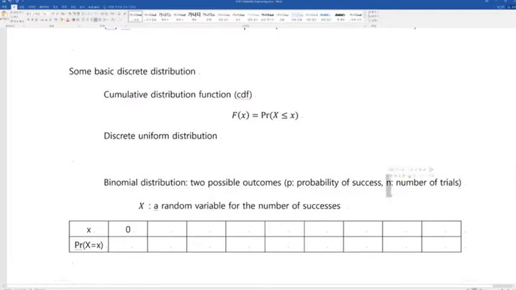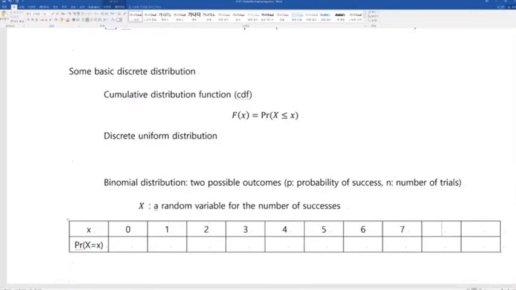So if we toss 10 times, then the number of trials will be 10. In such cases, what would be the probability that we are going to see 0 successes? That means we are going to see all failure events. 1, 2, 3, 4, 5, 6, 7, 8, 9, and 10.